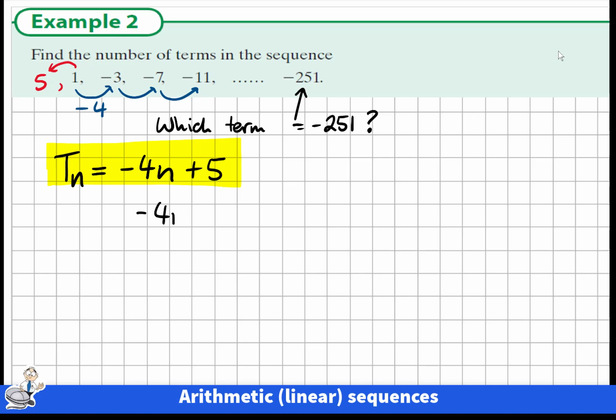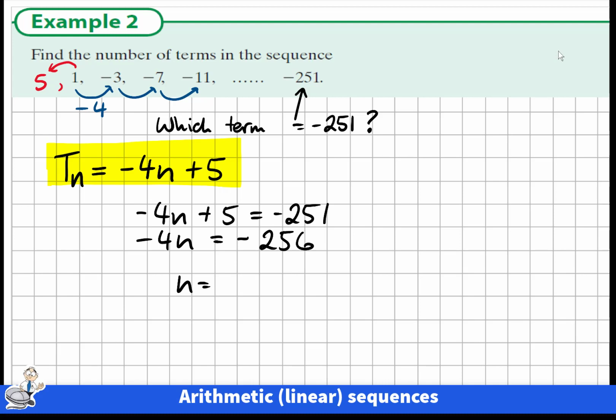So -4n plus 5 is equal to -251. I'm going to take 5 from both sides. So -4n is equal to -256.